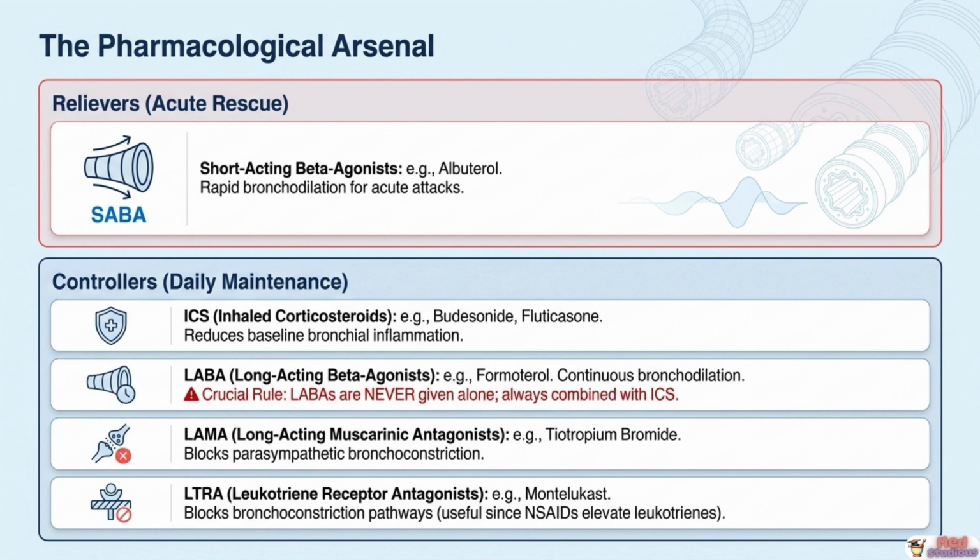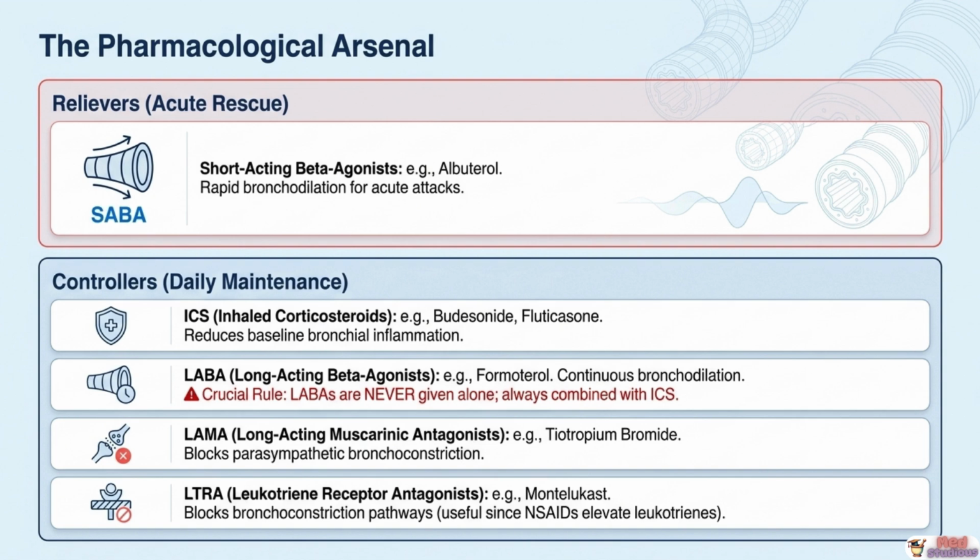Second are controllers, taken daily for maintenance regardless of symptoms. Inhaled corticosteroids, or ICS, like budesonide and fluticasone, reduce baseline bronchial inflammation and are the cornerstone of persistent asthma therapy. Long-acting beta-agonists, or LABAs, like formoterol, provide sustained bronchodilation. But here is the critical rule. LABAs must never be used as monotherapy.